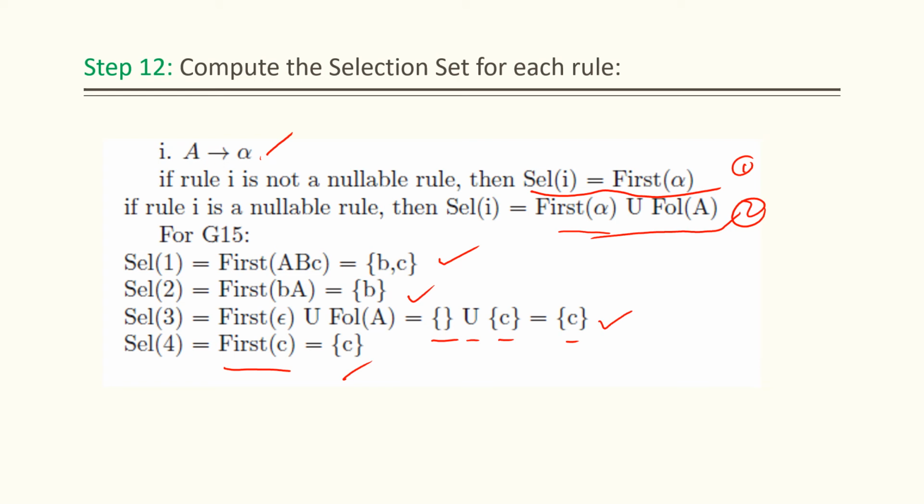For all of the rules, you have already identified the string that will indicate which rule to derive first in the derivation tree. Rule number 1 can be B, C, rule number 2 is B, the third rule is C, and the fourth rule is C as well.